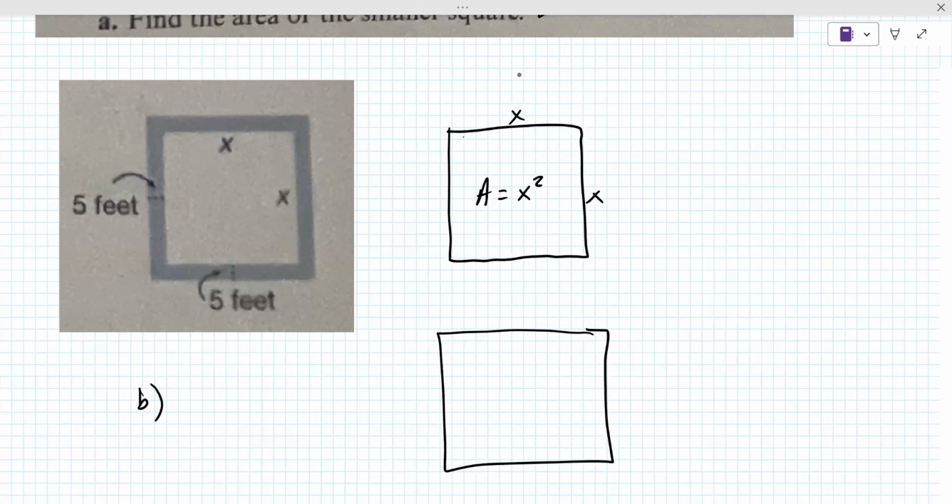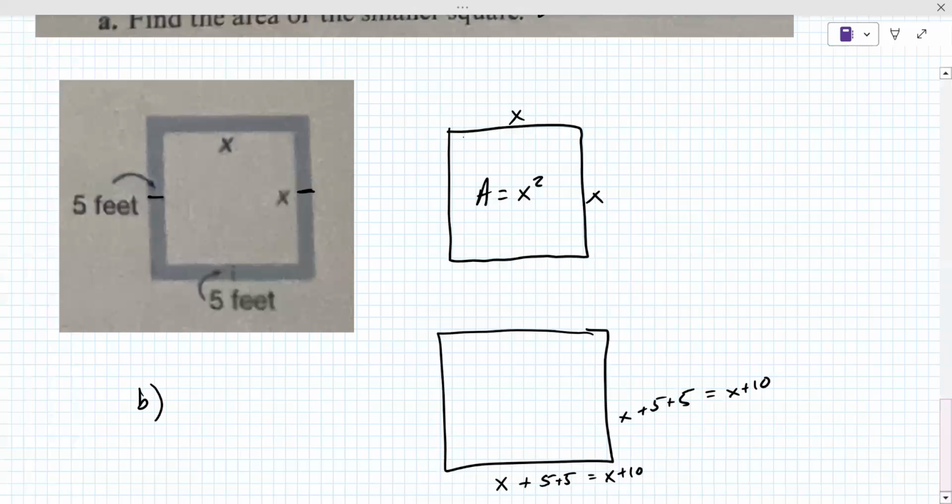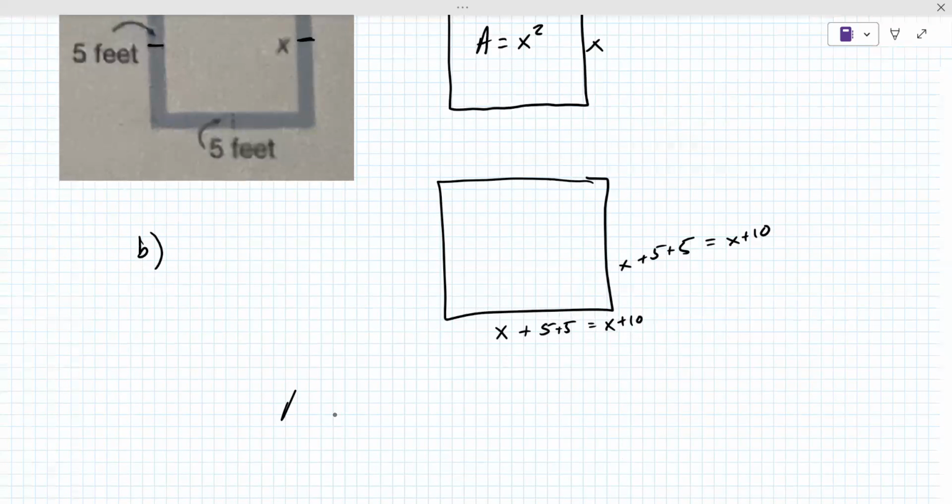And I think the thing that might be forgotten here is that you have to add 5 to both sides. So it's x plus 5 plus 5. And then similarly, x plus 5 plus 5. So it's really x plus 10 and x plus 10. And then the area you calculate by multiplying those together.